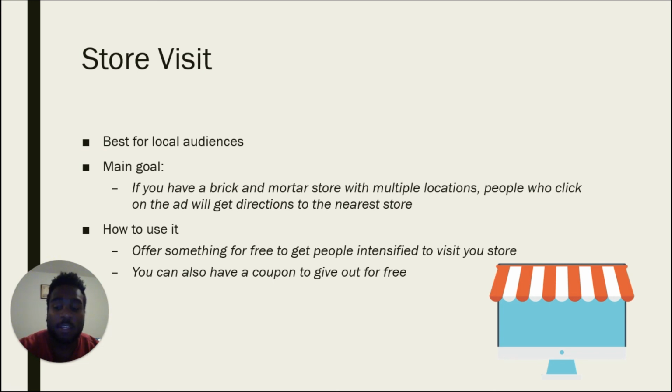You can even use it if you're a local restaurant, you can have a free appetizer at your nearest store, and then people will go get the free appetizer, but of course they're going to want a drink, they're going to want an entree, and then who knows, they may want dessert. So yeah, exactly. With store visits, it's very powerful because people will literally click on the ad, and then Google Maps or whatever their map service is will show up and have directions to it. And it's really awesome and really powerful for local businesses.